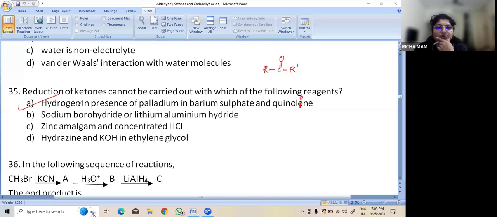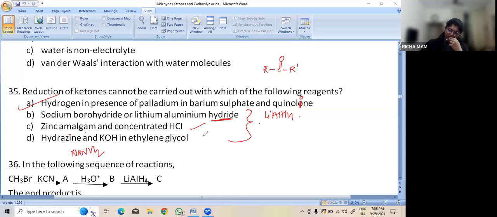With the other reagents, lithium aluminum hydride is a strong reducing agent. So by using sodium borohydride or lithium aluminum hydride, you can do reduction. By using zinc amalgam and concentrated HCl, you can also do a reduction. Also by using hydrazine, NH2NH2, and KOH in ethylene glycol.